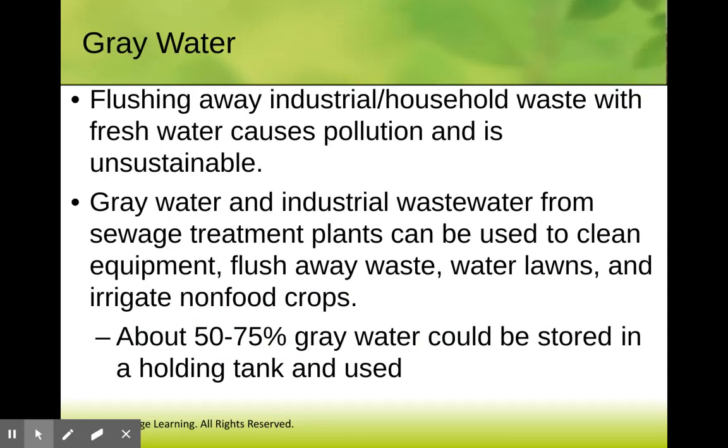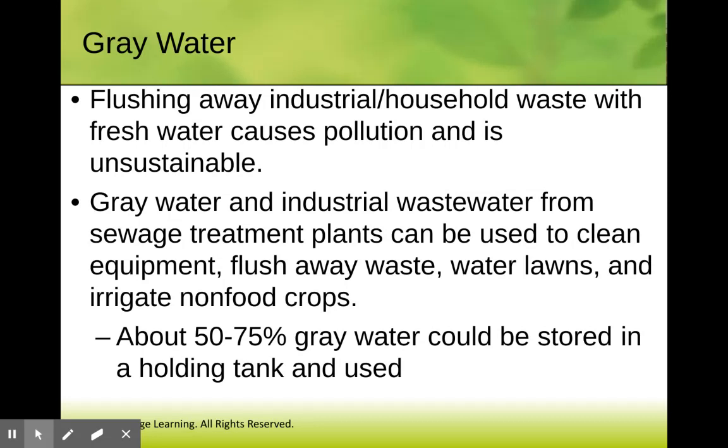Gray water. So gray water is any type of water that is used after some type of household use. So washing the dishes, taking a shower, doing the laundry, all these different things. That would be waste. So it could cause pollution if you do reintroduce it back into a freshwater environment, so lake, river, and all that. But you can use that gray water to water your lawn, irrigate your non-food crops, clean equipment, all these different things.